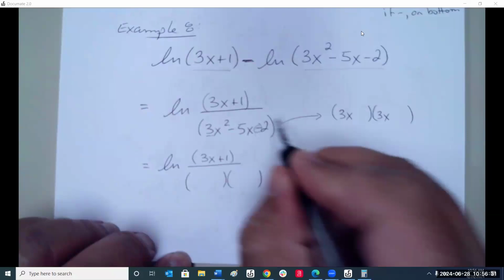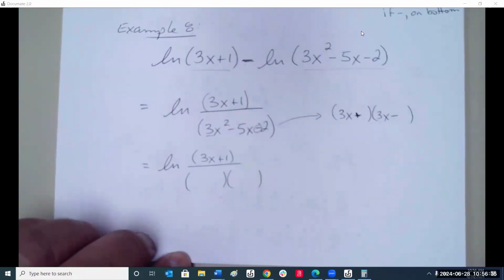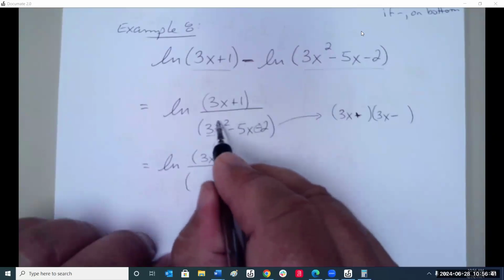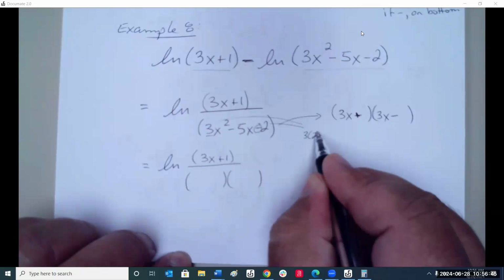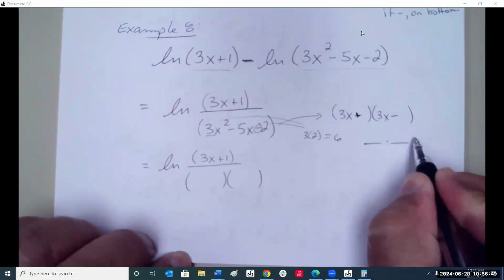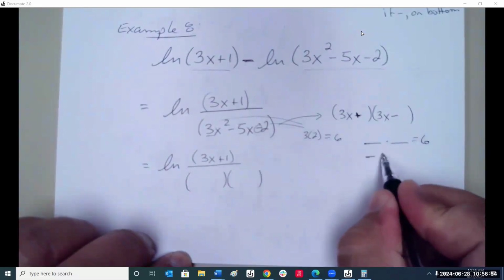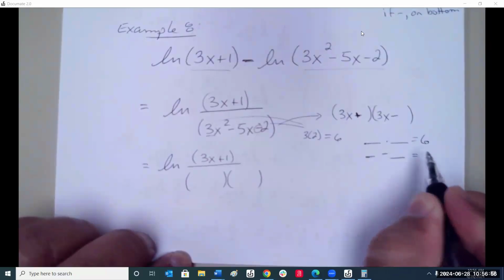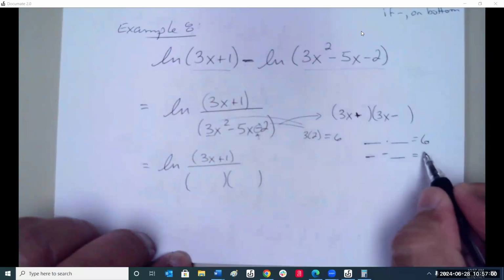The signs are opposite. One's plus, one's minus. Take the first times the last term. 3 times 2 is 6. So what times what equals 6? That when we subtract them, the reason we subtract is that one's a minus, we get 5.